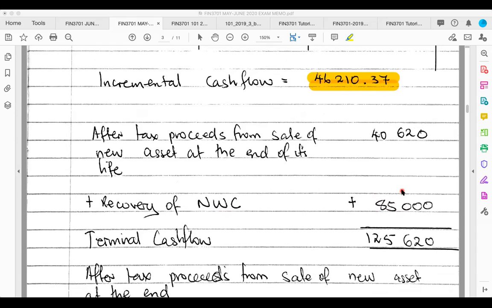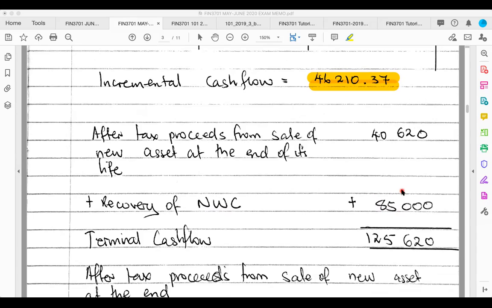Remember, investment in net working capital is given by the change in current assets minus the change in current liabilities. If the change is positive, it means money went out. That's when we're calculating the initial investment.